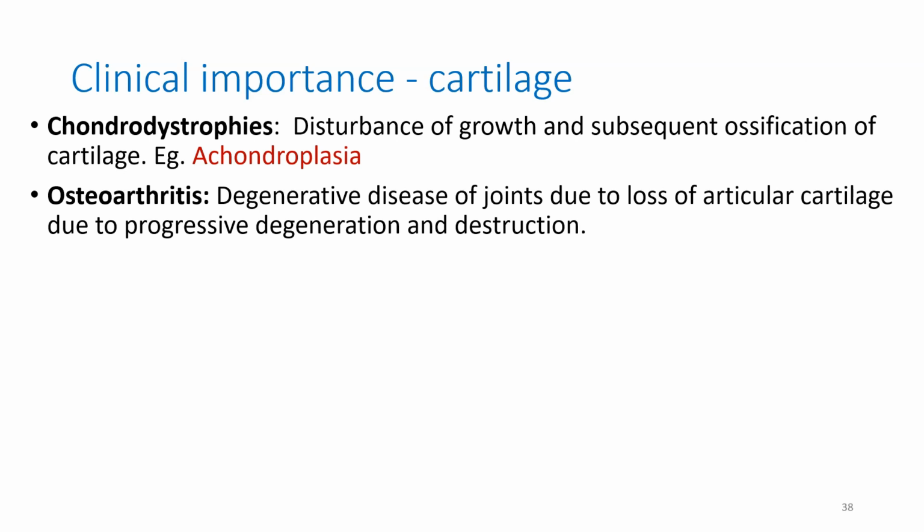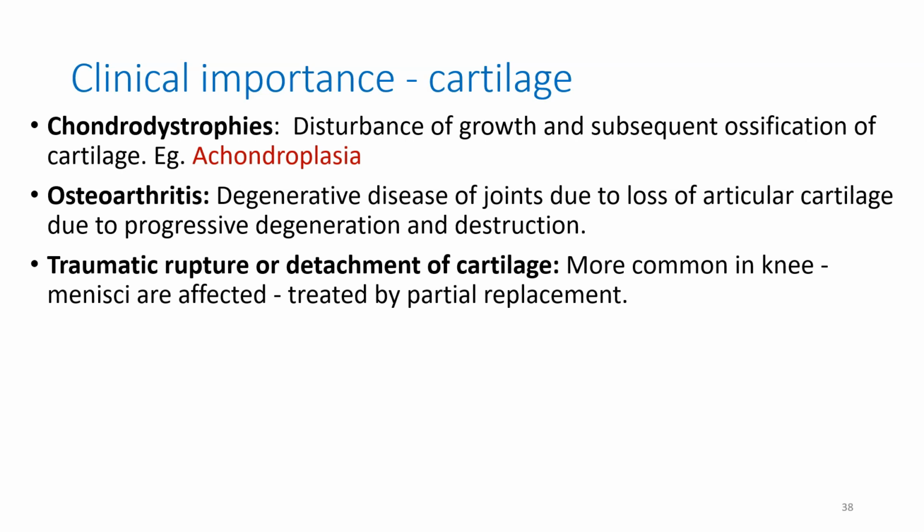Then osteoarthritis, that is degenerative changes in the joints due to loss of articular cartilage because of its progressive degeneration and destruction. Then the traumatic rupture or detachment of cartilage due to injury.